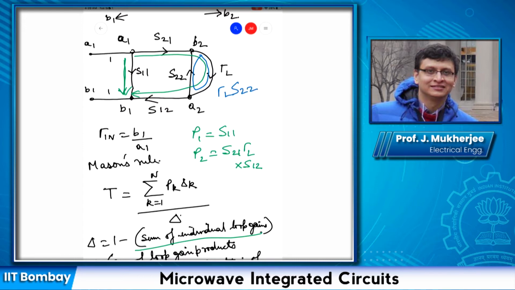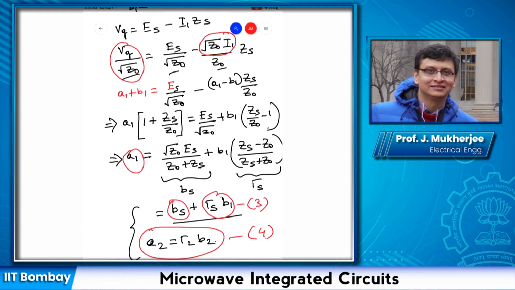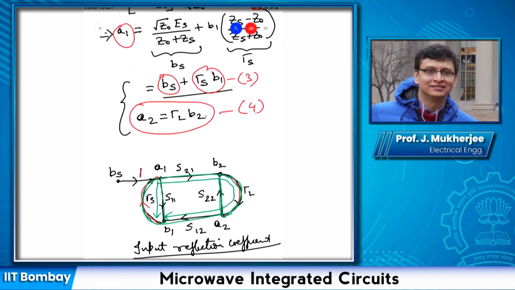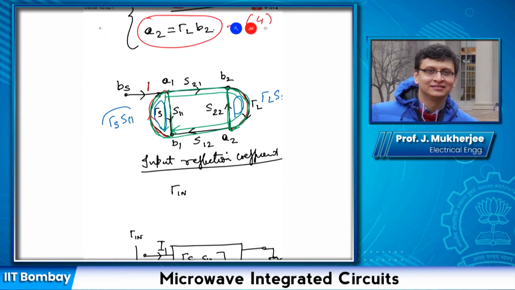Okay, if we had more than one loop, like for example in this signal flow graph that I showed before, you see there are two loops, this one and this one. So the gain for this loop is gamma S S11. For this it is gamma L S22, same as. So in our present circuit we don't have this one, we only have this one.